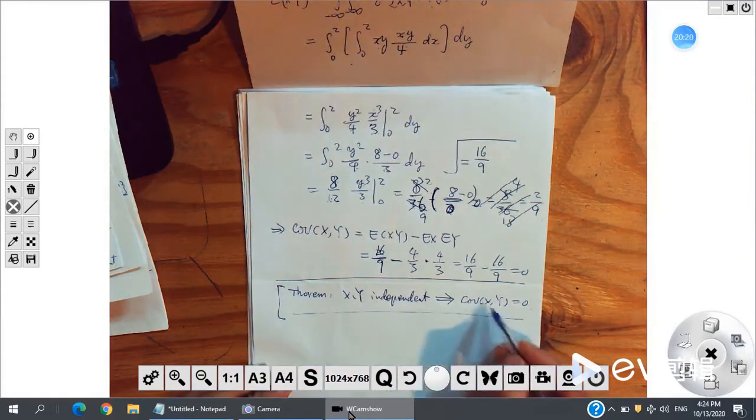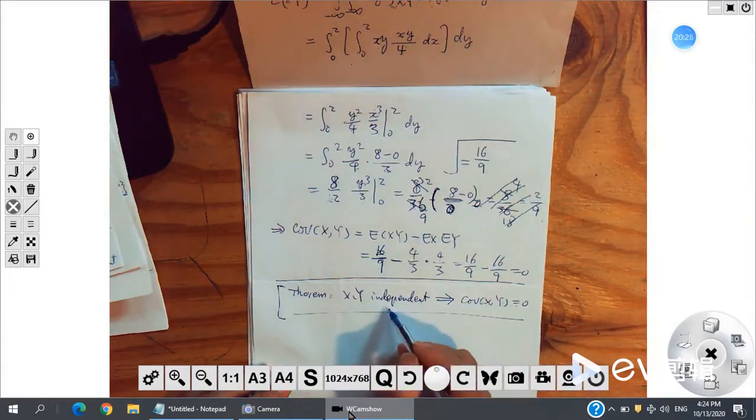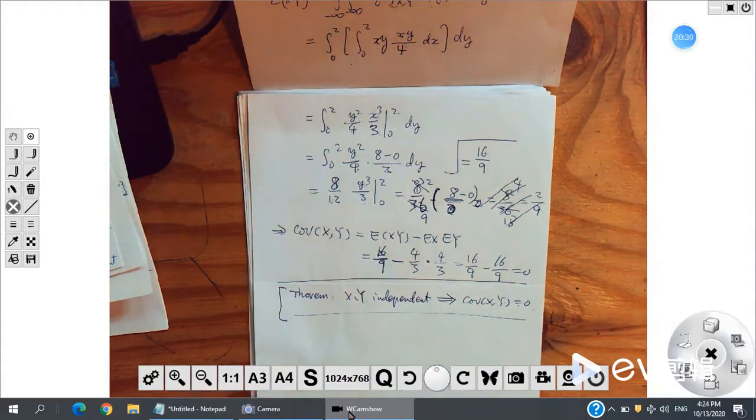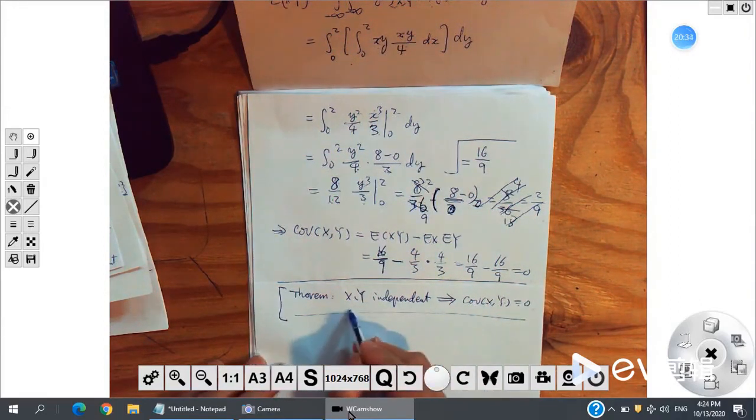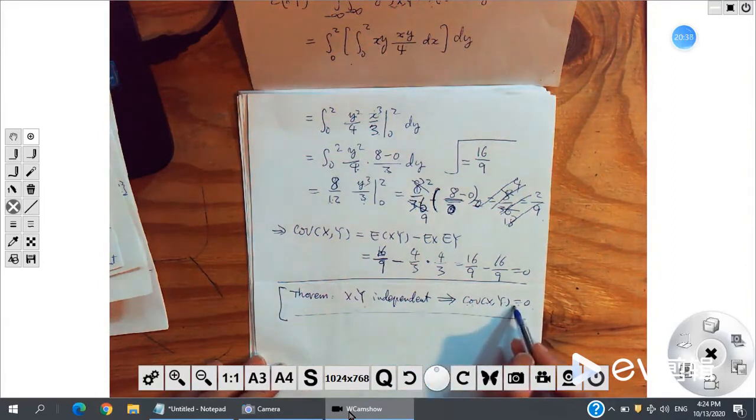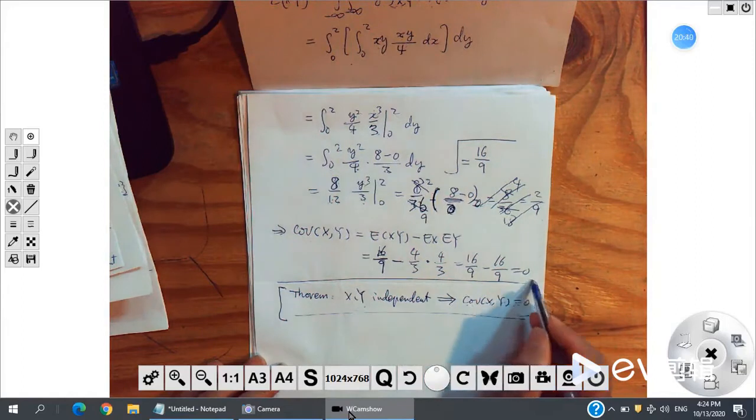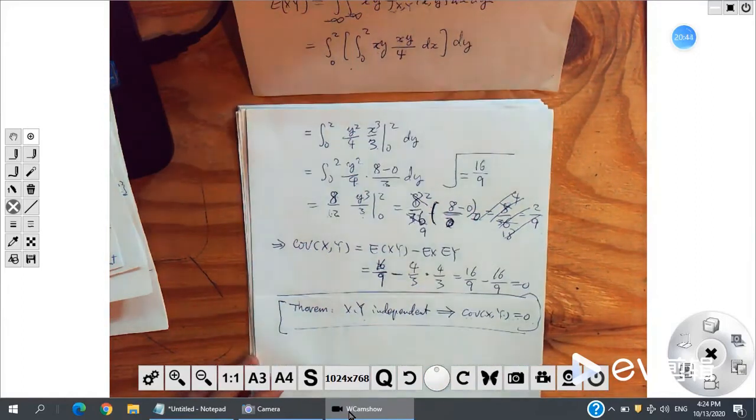That means we can have some x and y whose covariance is 0, but they are dependent. We have that kind of random variables. But this direction is good. If they are independent, then the covariance of them should be 0. Okay, now we are done with this example.